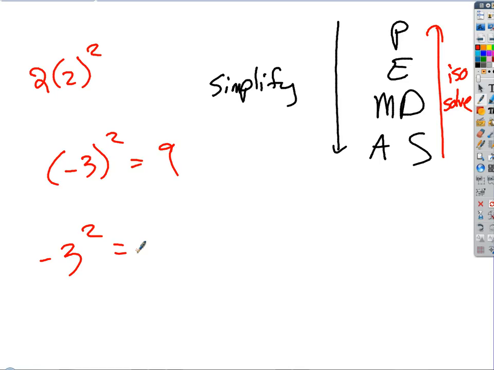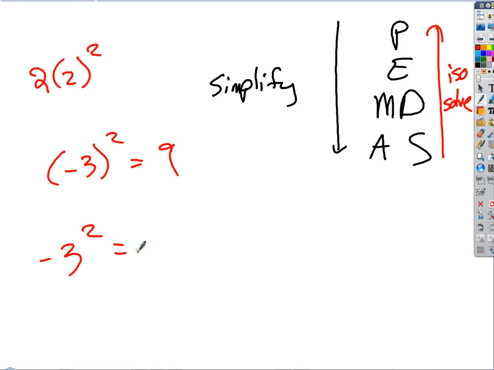Why? How is that different than that? Because the parentheses includes the negative. Ah, good, you're exactly right. If we strictly use order of operations here, we're going to do exponents first and then multiplication. This is not saying -3 times -3, it's saying negative the quantity 3 squared.